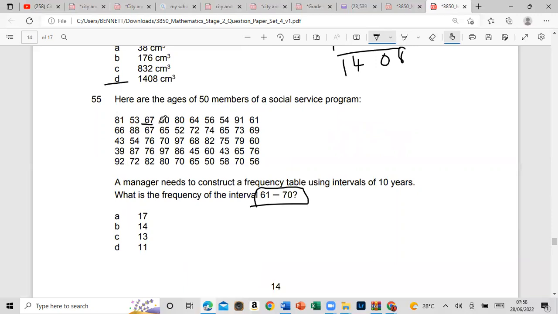So one not included, 61 included, it's included, 61 to 70, 69 included, this not included, this 76 no, 76 no, 39 no, 37 no, 60 no, 65 yes, 72 no, 68, 65 yes, 70 yes. All right, so these are the ones that I get.